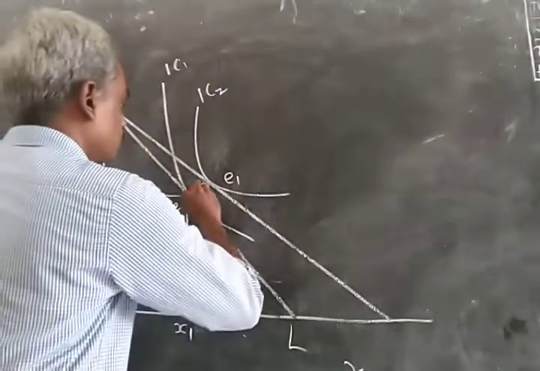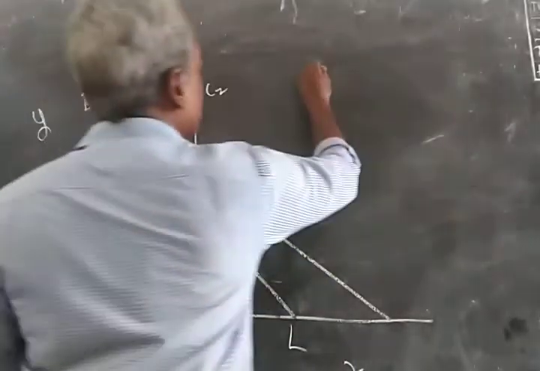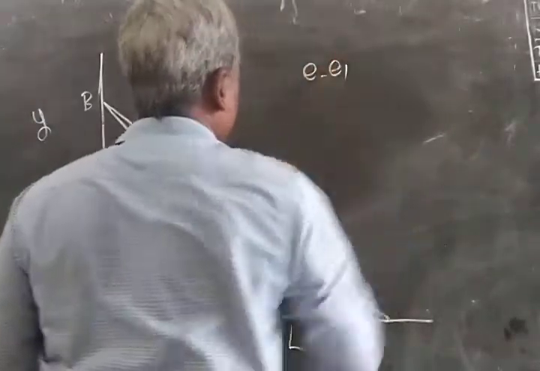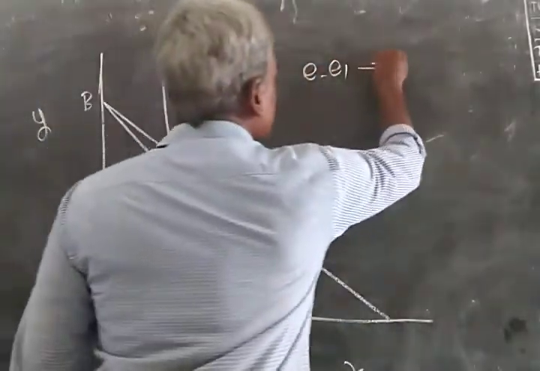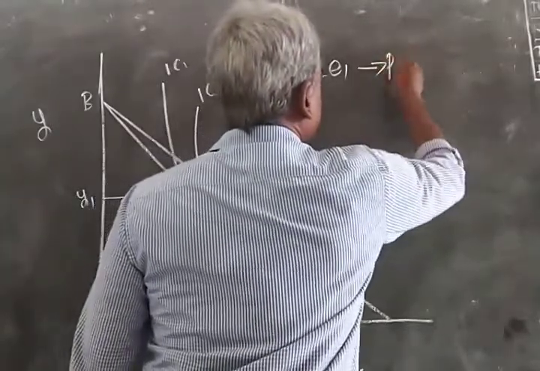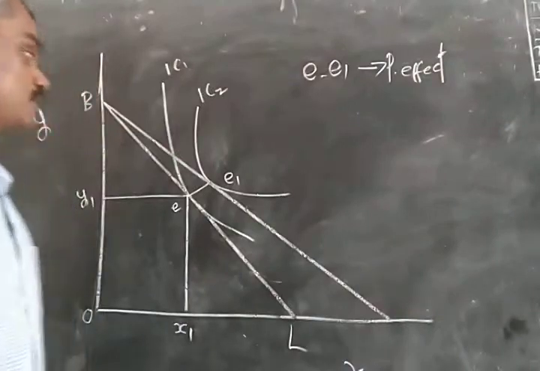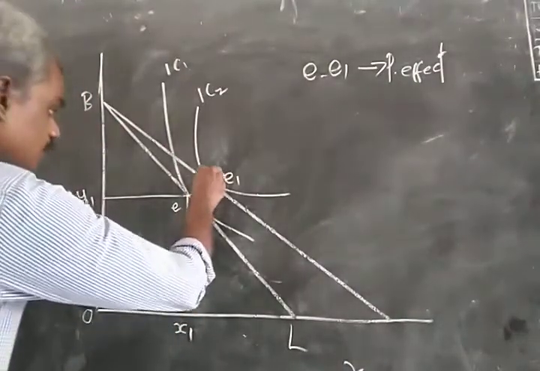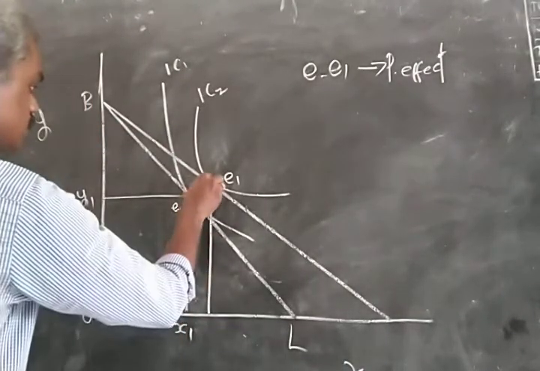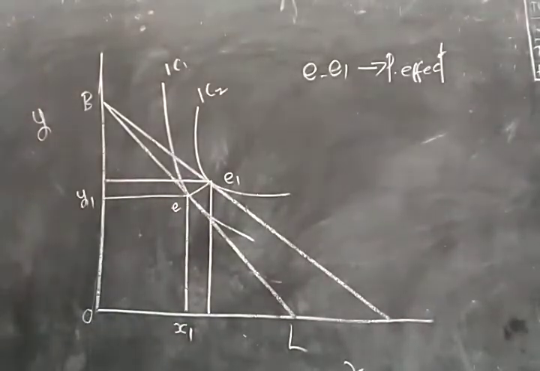So the consumer moves from point E to E1. This is called the price effect. And total consumption of both commodities is seen to increase here.